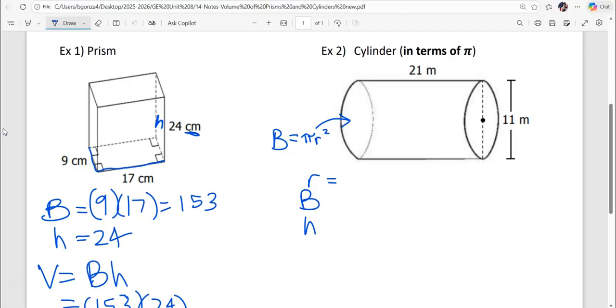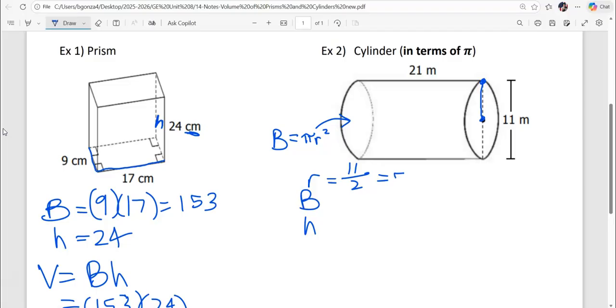Is r 11? Yes or no? No, because look, 11 is all the way. We need to find halfway. So how do I figure out the radius if I know the diameter all the way across is 11? What do I do to that 11 to find the radius?